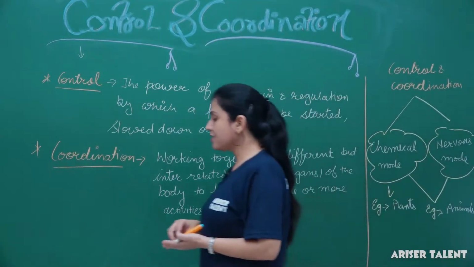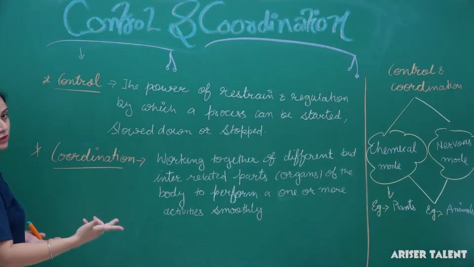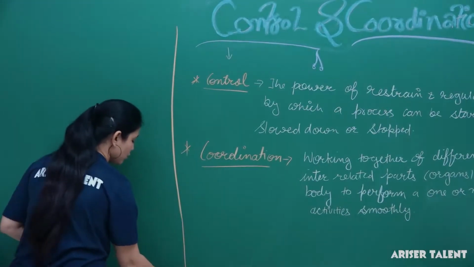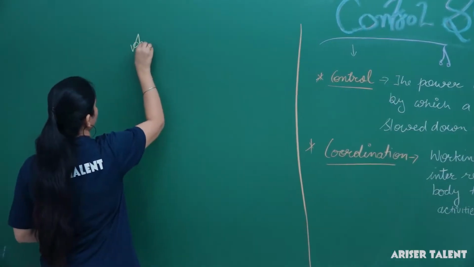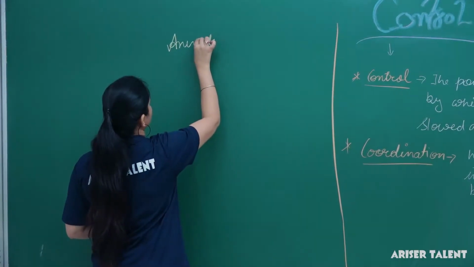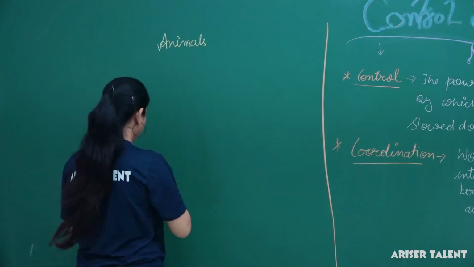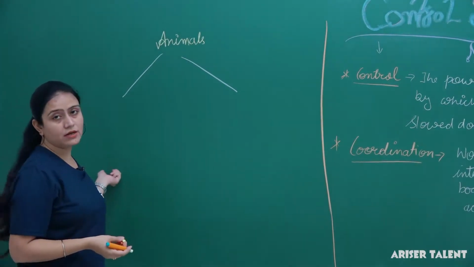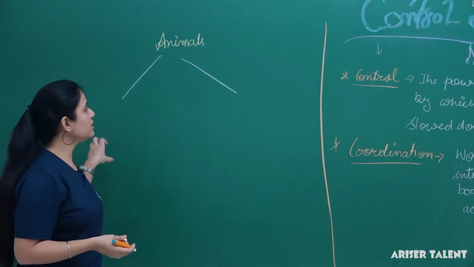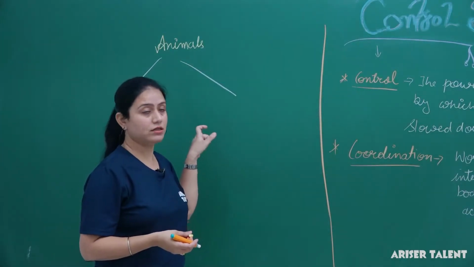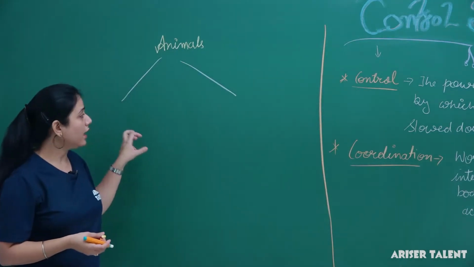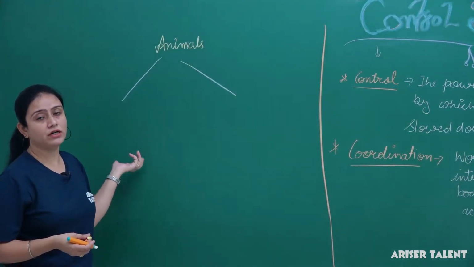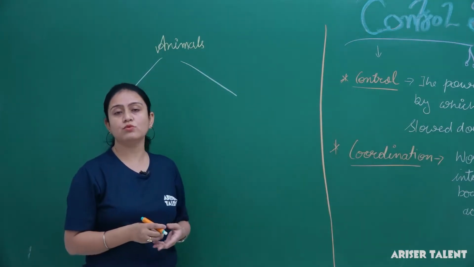As I told you, animals show both types of control and coordination: chemical mode and nervous mode. If we talk about animals, they are generally differentiated into two parts: unicellular and multicellular. Unicellular organisms, like amoeba, show a different type of control and coordination when they respond to a stimulus.